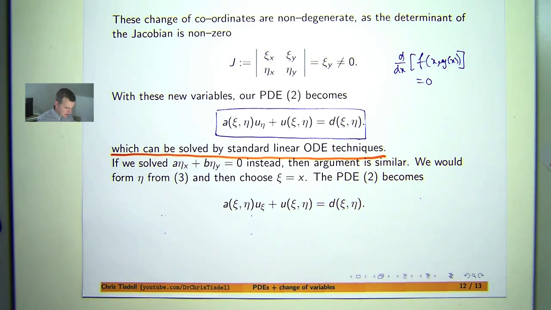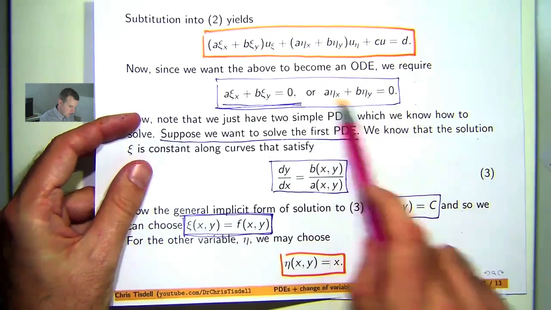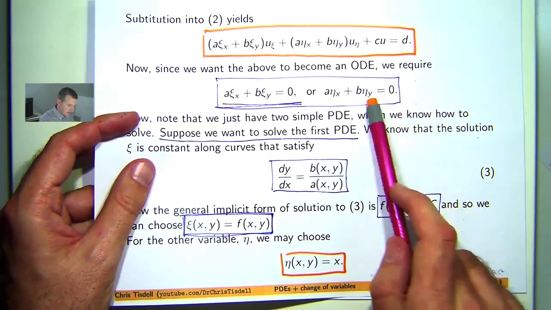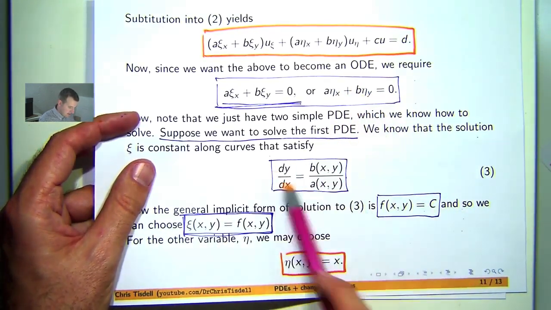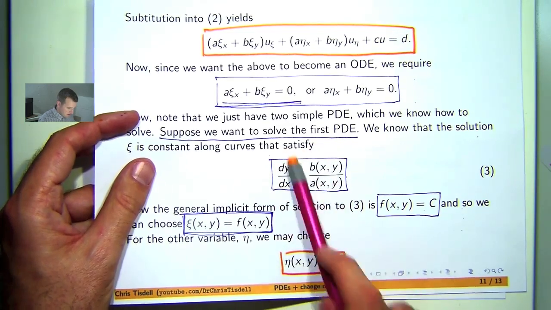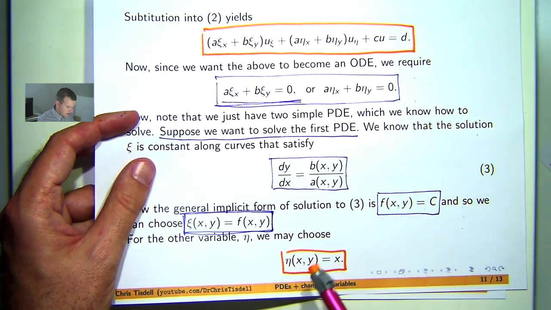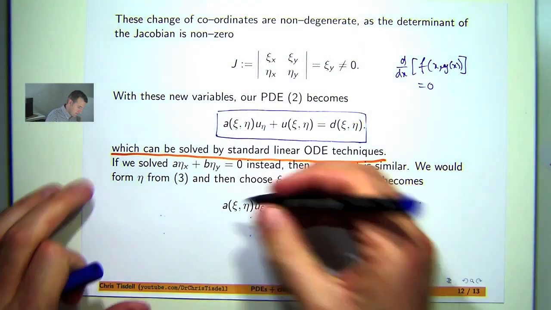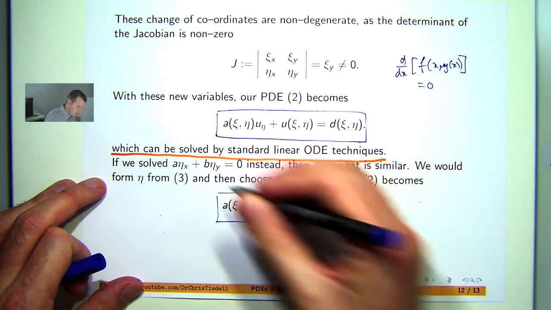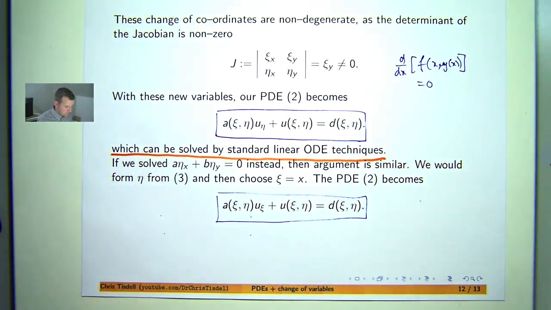If, on the other hand, we went through and worked with this equation, you could get eta from the solution to this differential equation, and then you could choose psi just to be x again, and you would end up with a very similar equation where you just change the subscript essentially. So that's why the change of variables works, and essentially we're going from something complicated to something simple which we know how to solve.